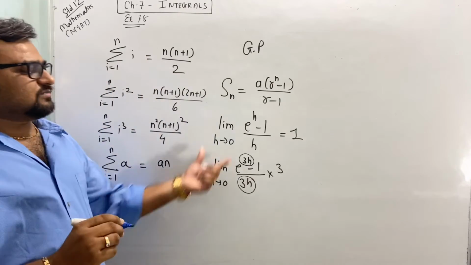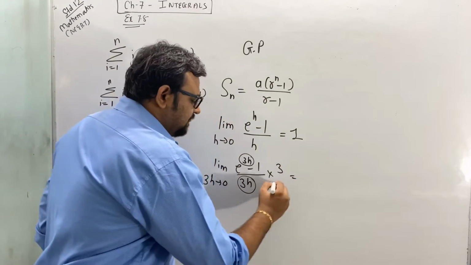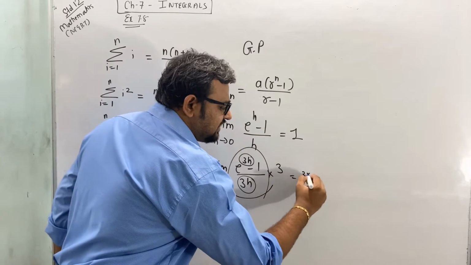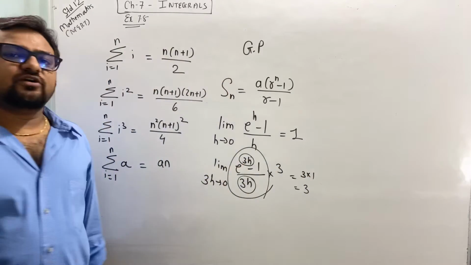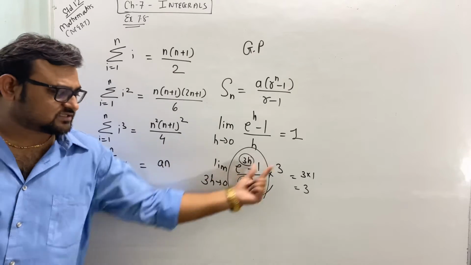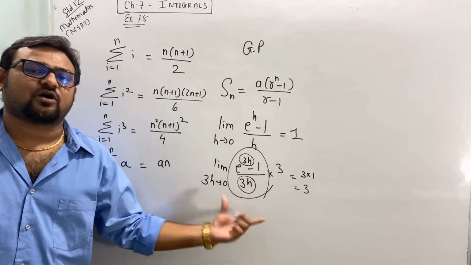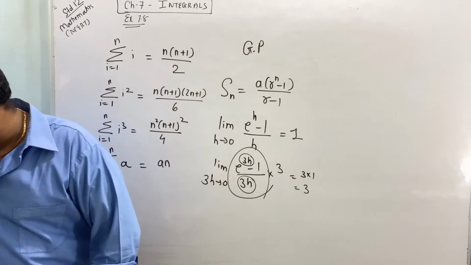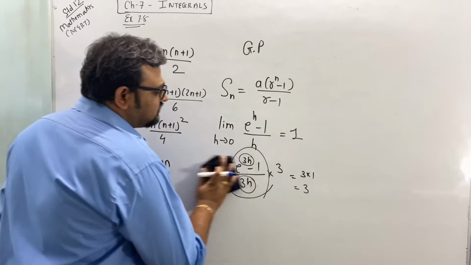Now it becomes this formula. So it will be 1 into 3, 3 is the constant, so 3 into 1 equal to 3. We will be dealing with some sums of this type, so we will use this technique. Clear? So this is about limit of e raised to h minus 1.